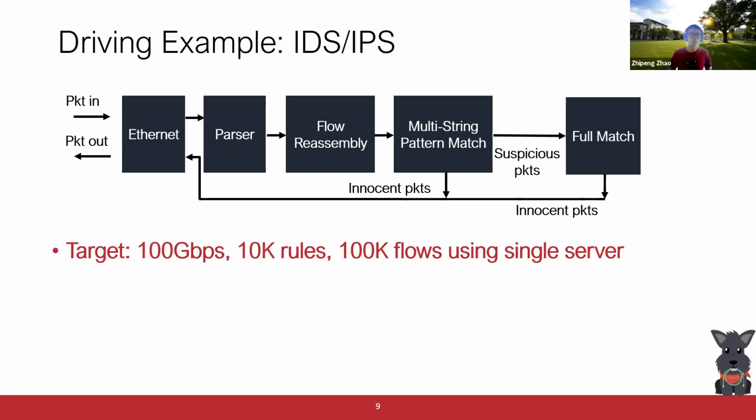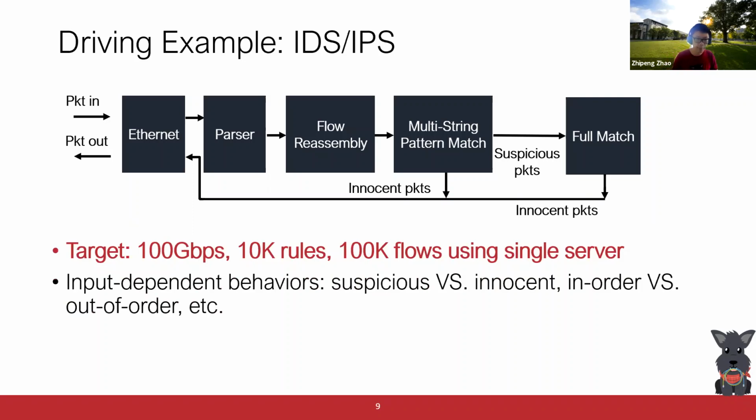The goal of this work is to support 100 gigabit per second with tens of thousands of rules and 100K concurrent flows using only a single server. The key is that we need to efficiently handle the input-dependent behaviors. For instance, you may already notice that the suspicious packets require more processing stages than the innocent packets. Similarly, for in-order packets and out-of-order packets, the operations could also be different.